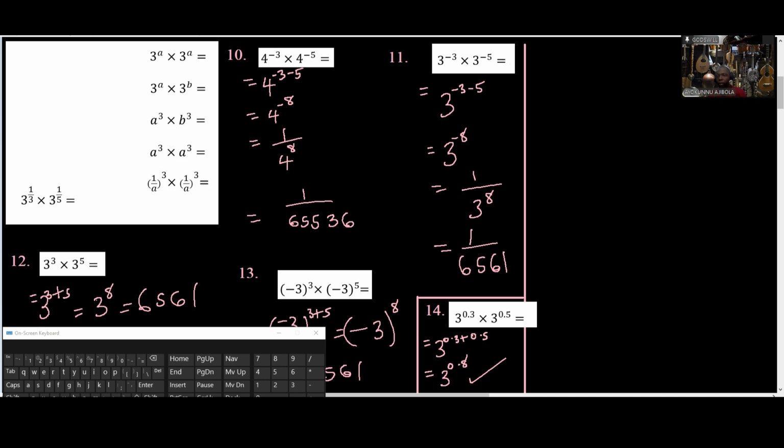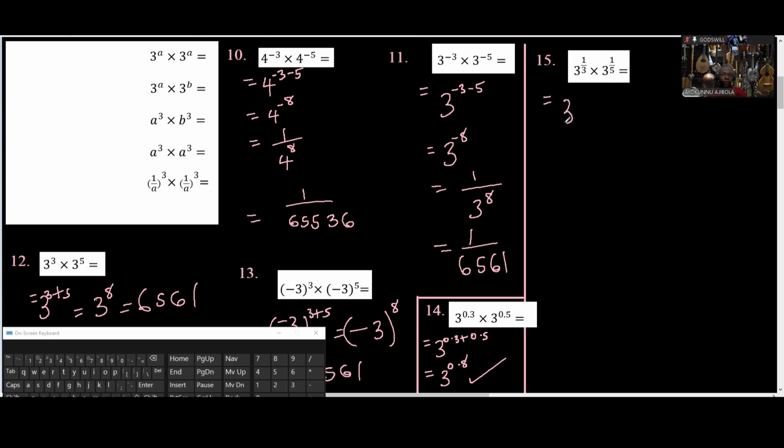Okay, then the next one, which is number 15. We have this question here: 3 raised to power 1 over 3 times another 3 raised to power 1 over 5.